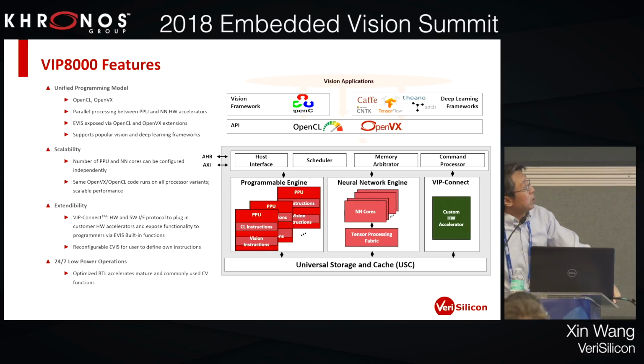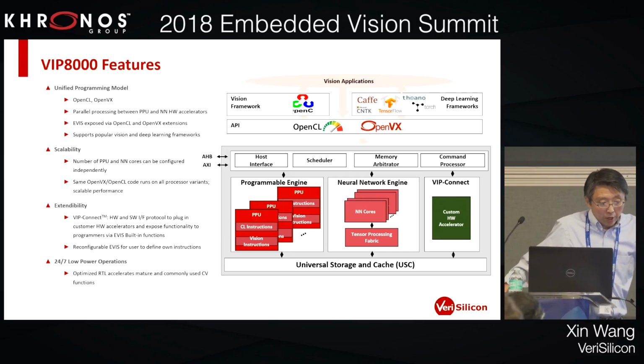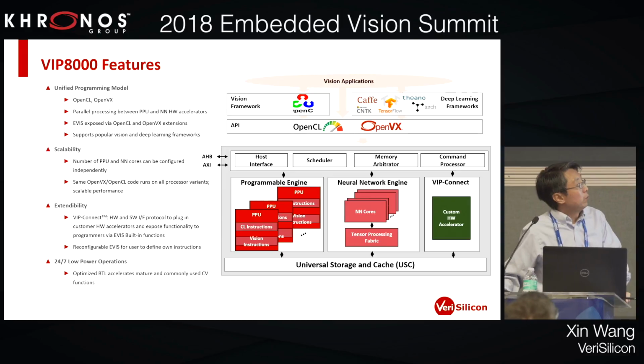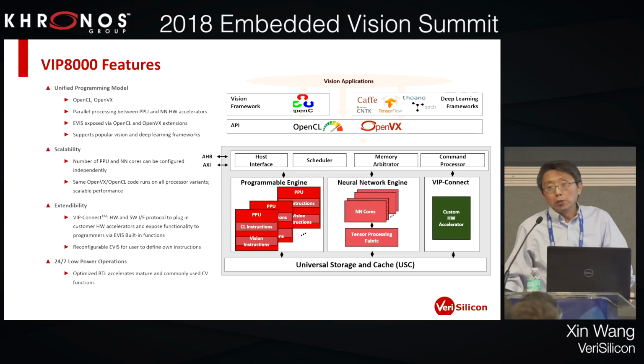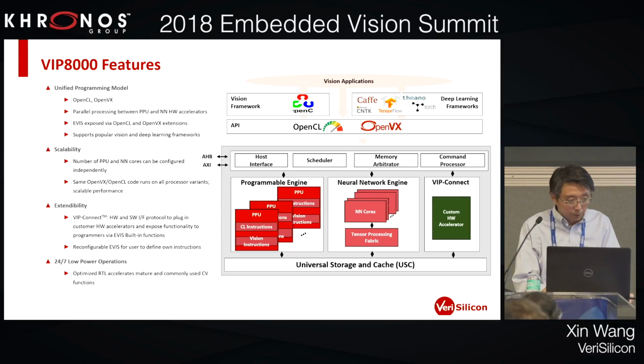So this is pretty much the basic structure. And for scalability, we added a third part, called VIP Connect. It allows third-party fixed function modules to plug in with some interface flexibility. So this is the basic architecture.